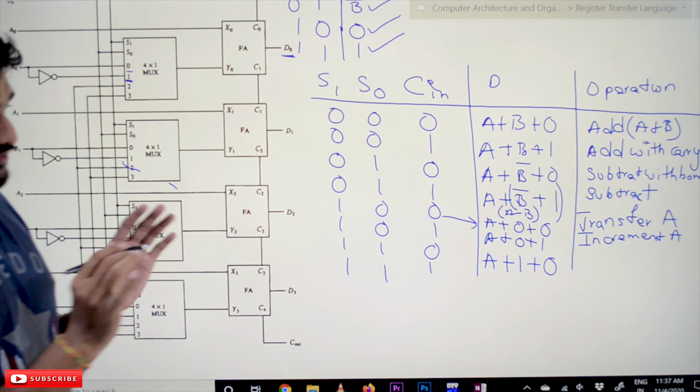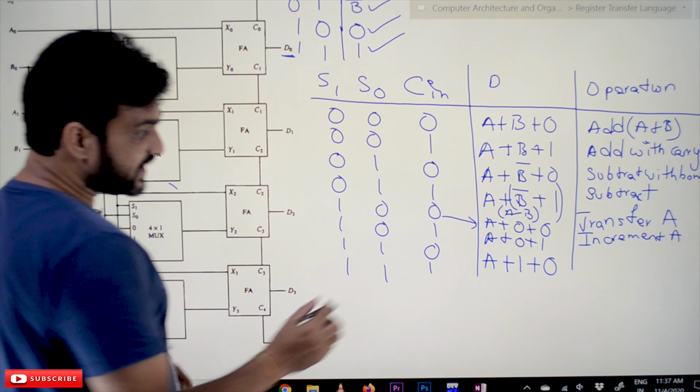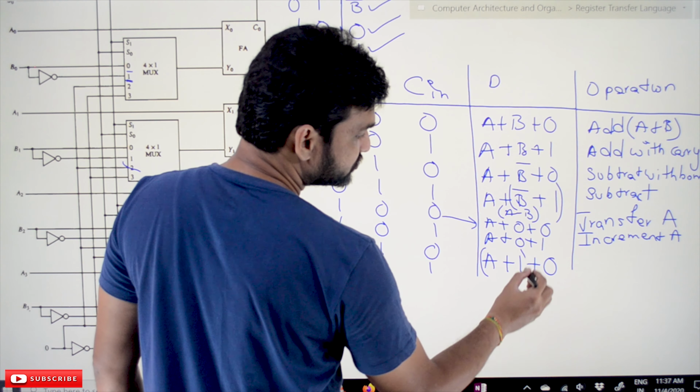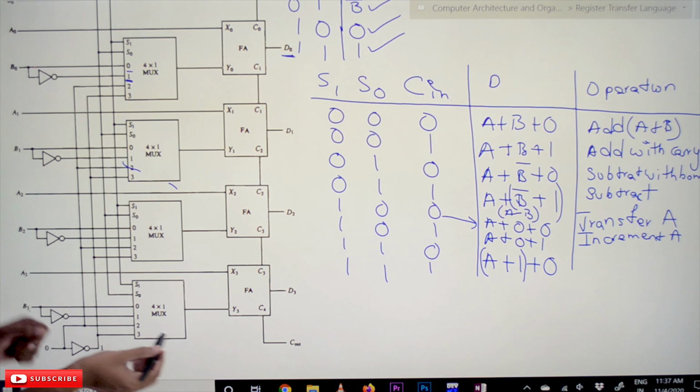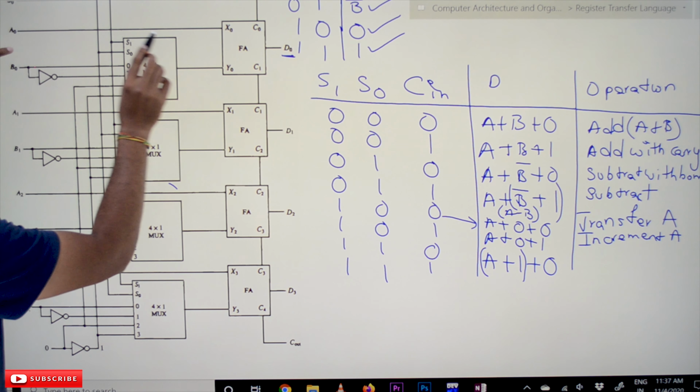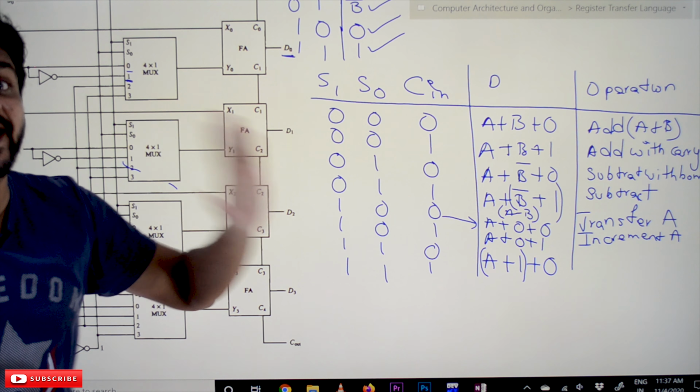See here, what we have to understand is A plus 1 does not mean increment of A. Here what's happening is, to each and every bit of A, 1 is added.